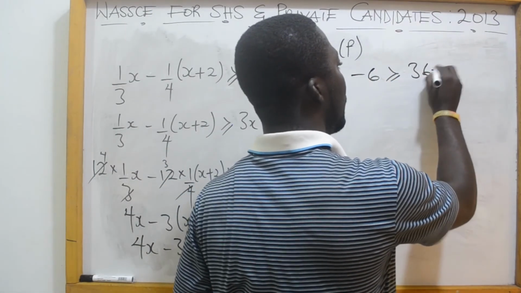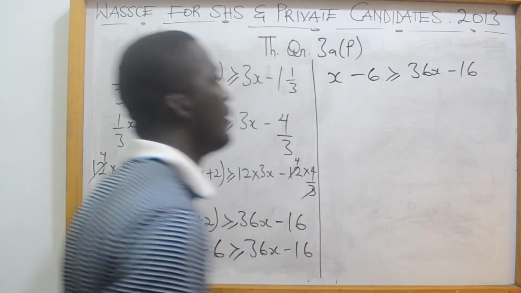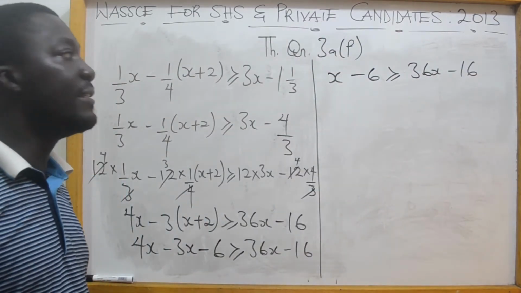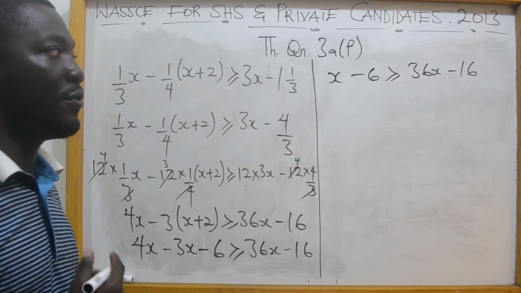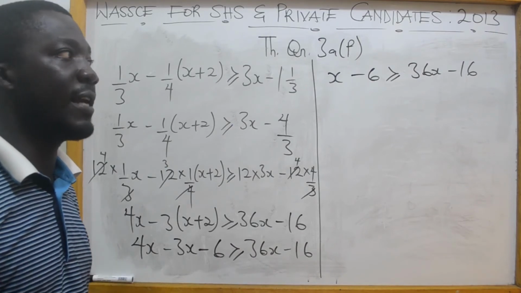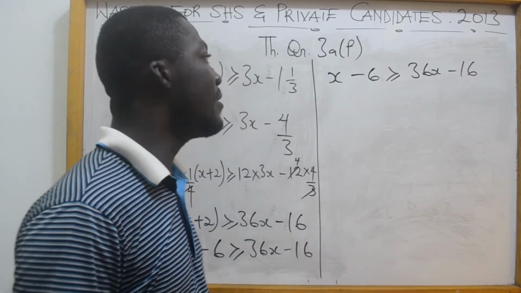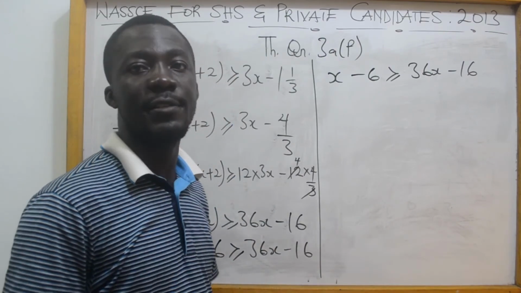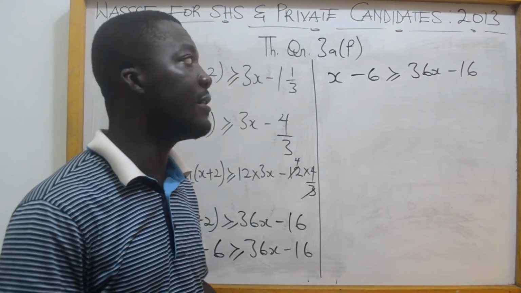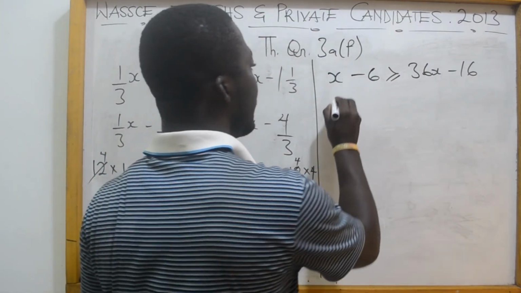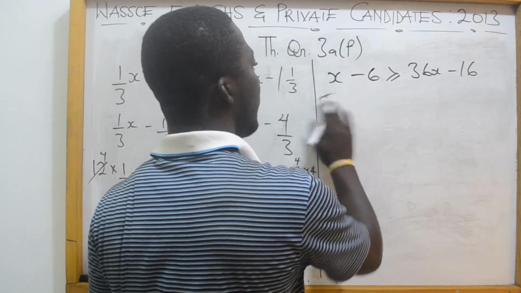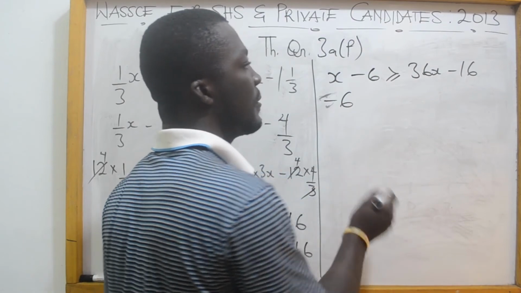We want to find x, so we group x's at one side and the numbers at the other side. So the numbers will be at the left hand side and the x's will be at the right hand side, giving us negative 6.